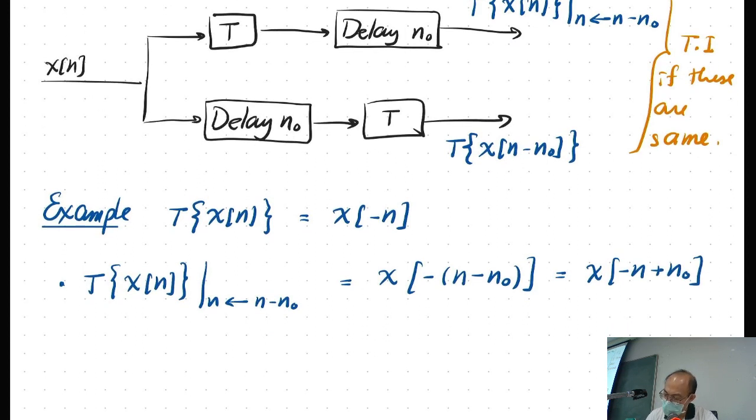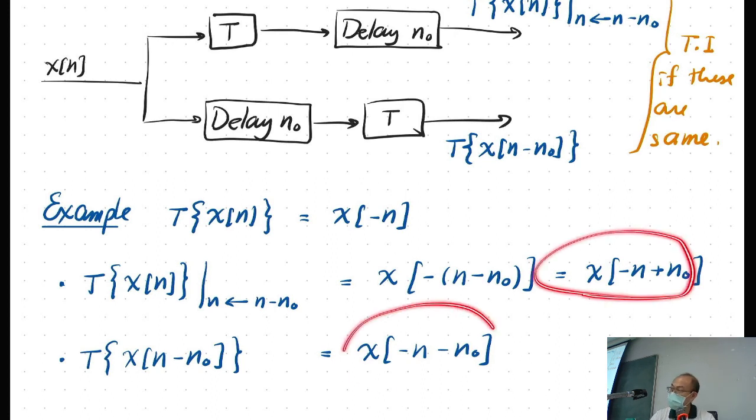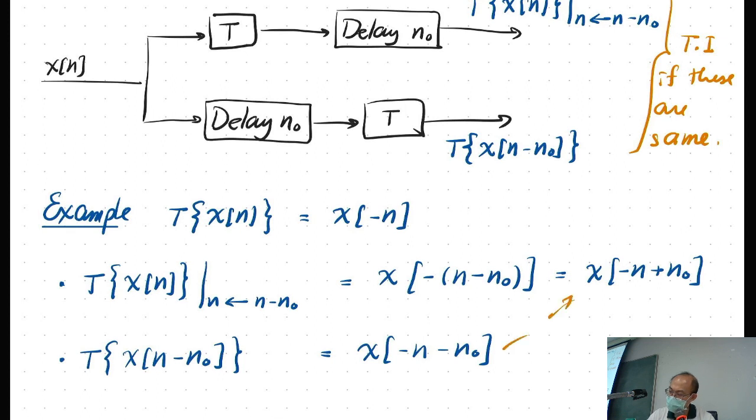Now, as for the lower path, T of x[n minus n0] is just x of minus n minus n0. And so you see, these two are not the same. So the system is not time invariant.